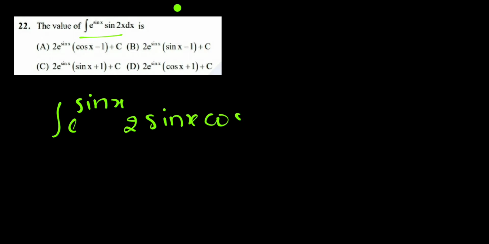Next, problem number 22. The value of the integration of e power sin x into sin 2x dx is. So here, in the integration of e power sin x, write sin 2x as 2 sin x into cos x dx. Put sin x is equal to t.